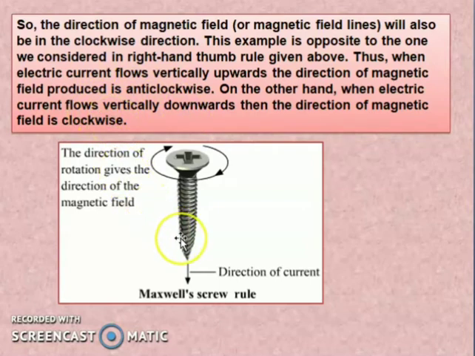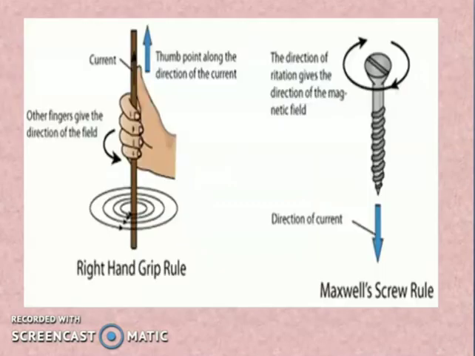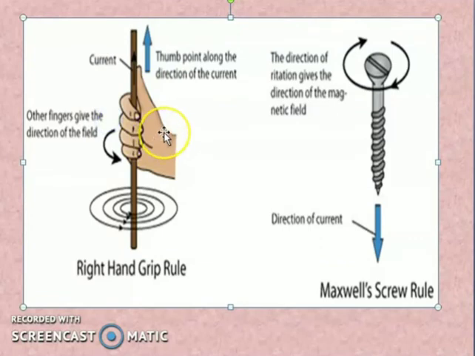So this is the Maxwell screw rule. You can consider this one, the right hand grip rule and the Maxwell screw rule. Here if you are holding an electric current wire, the thumb points along the direction of the current, and the fingers folding will give the direction of the field lines.